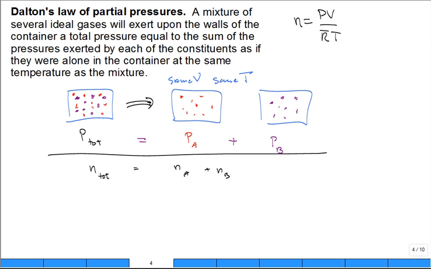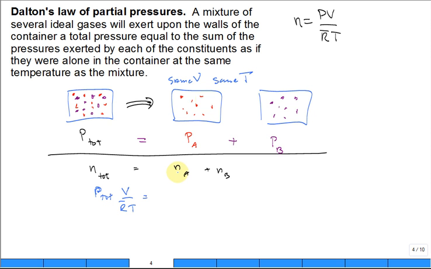So what we could say is the total N is equal to pressure total times volume divided by R bar T.